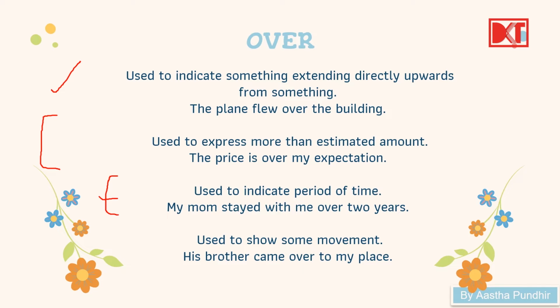Coming over is like coming to visit. So this movement is movement to my place, to my house. All right, that's when we can use the preposition "over" to indicate something extending directly upwards from something, or to express something more than the estimated amount, or to indicate a period of time, or to show some movement. All right.